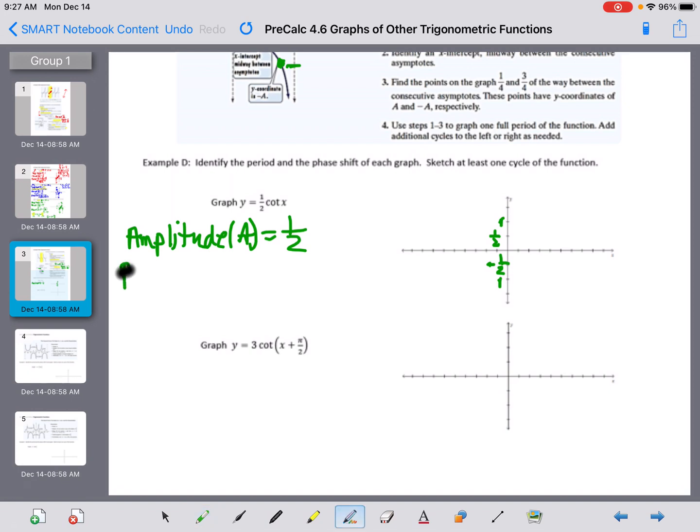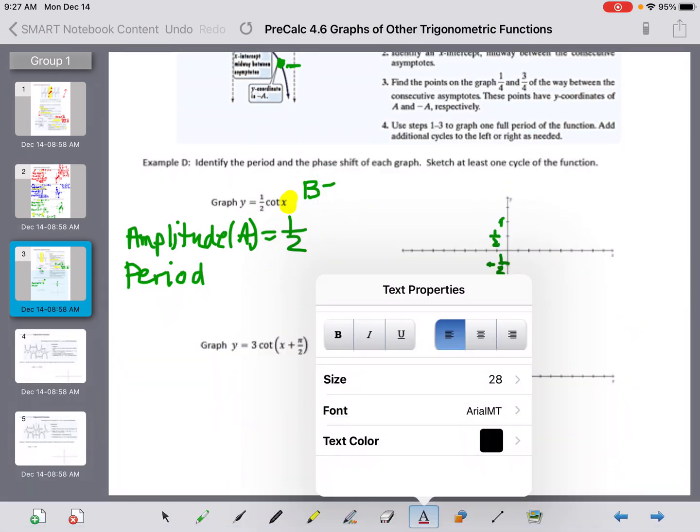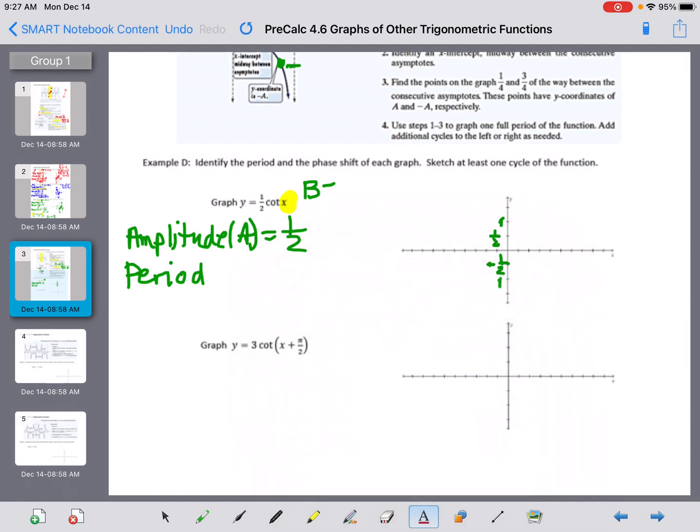Okay, my period. It's affected by whatever's multiplied times my x. There's nothing multiplied, so my b in this case has to be 1, right? I apologize that everything's getting knocked around here and it's just a mess.